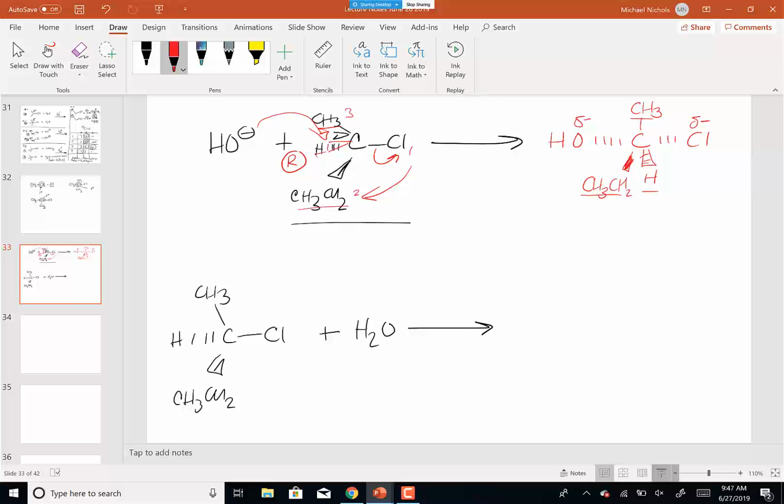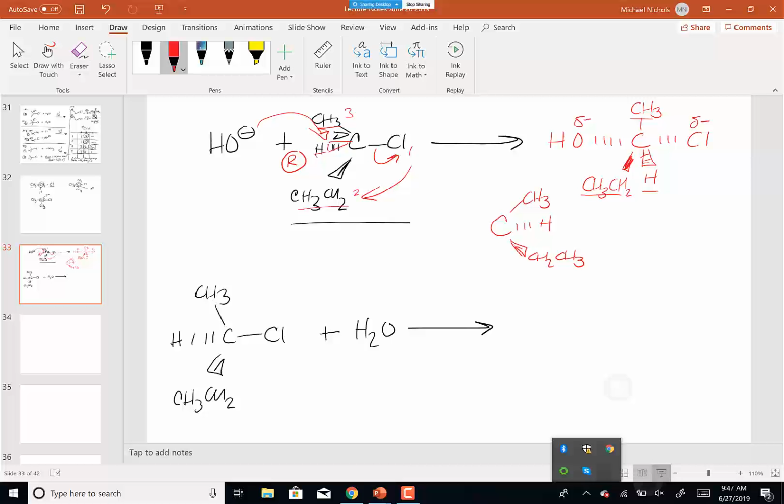And then for the final product, what happens? What happens is that if I just look at the carbon and the three groups other than the OH, they're now going to flip from pointing to the left to pointing to the right. So that means the CH3 is going to be up, but on a regular line. The hydrogen's going to be on a dashed wedge, and the ethyl group is going to be on the bold wedge, but now instead of pointing to the left, they're all going to be pointing to the right.